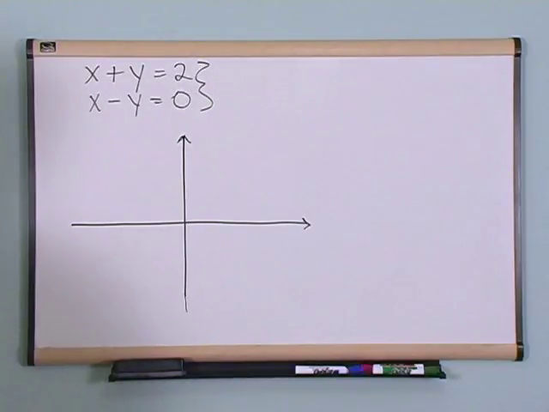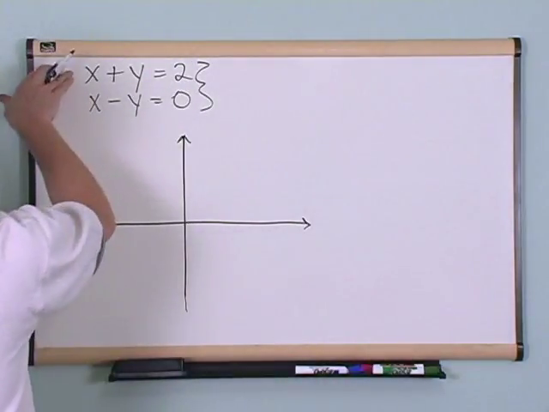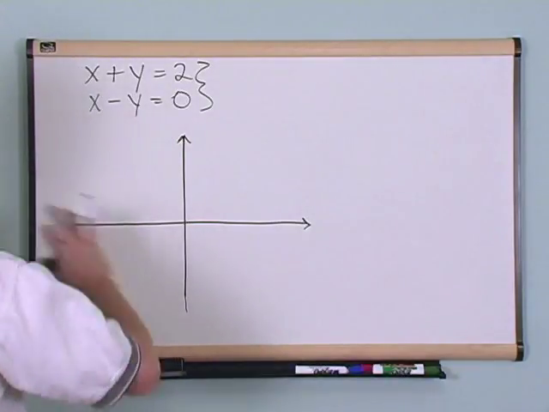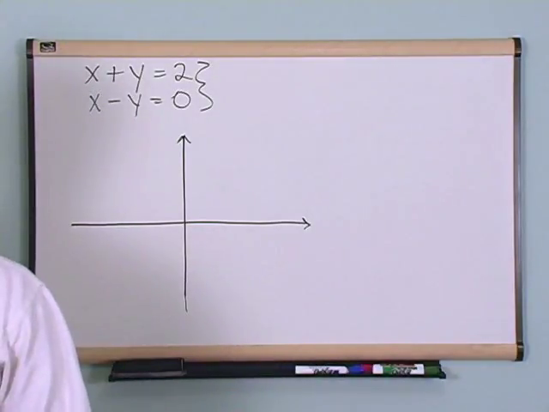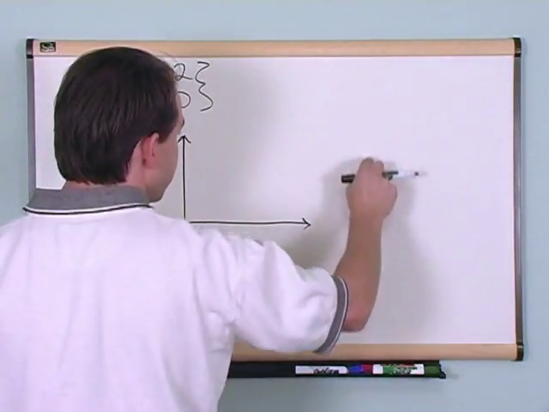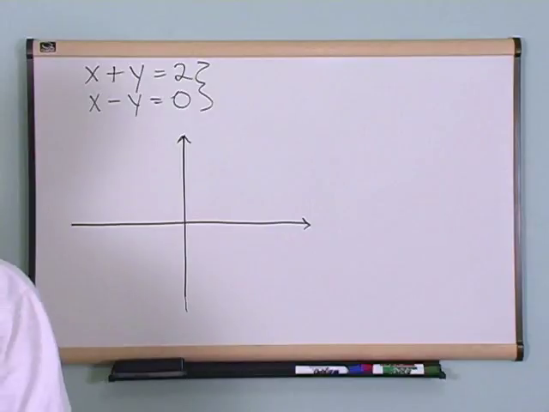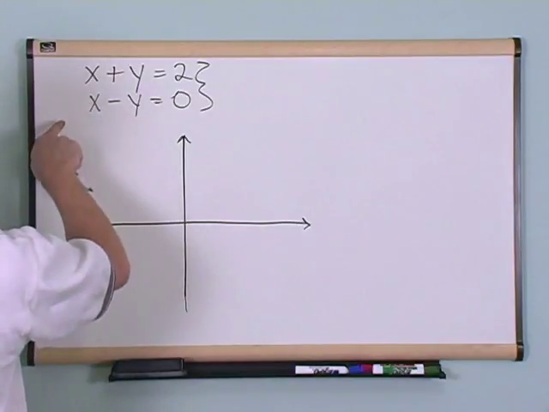You'll see that there are many ways to solve these things. Now, what we need to do is plot these lines and see where they intersect. You can use any method you want to plot the lines. You can make a table of x and y for each line, and you can plot it that way. But in this case, it's much easier just to use the intercept method.